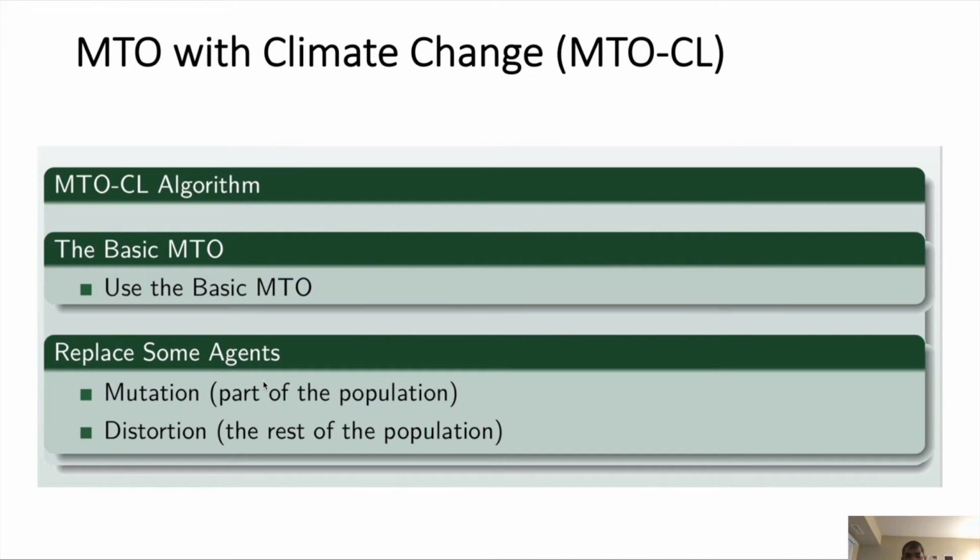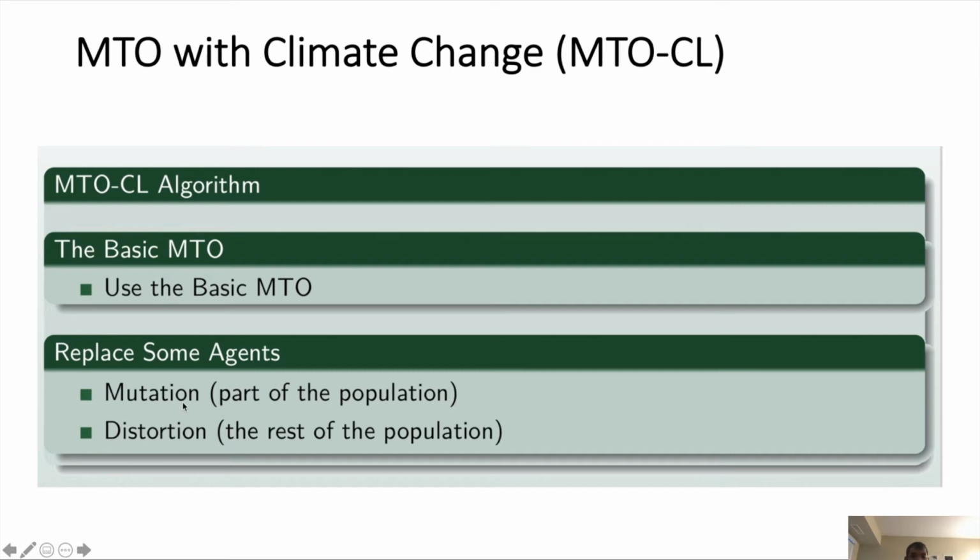After we proposed the basic algorithm, the mother tree optimization algorithm, we found in some cases that it is stuck in a local minimum solution. That's why we thought about another variant of MTO, which we call MTO with climate change. This new variant uses the basic algorithm as we just explained, but we add a couple of stages: the mutation and the distortion.